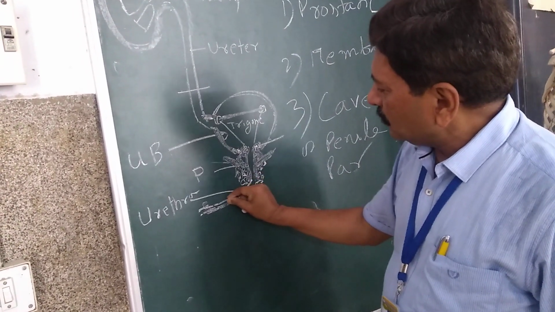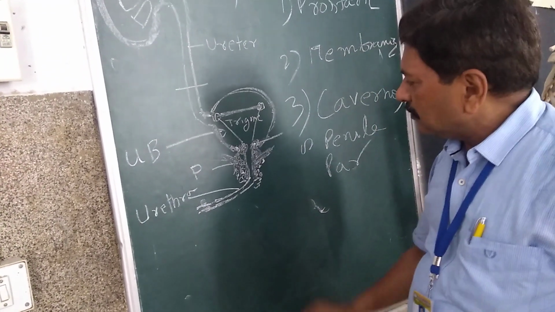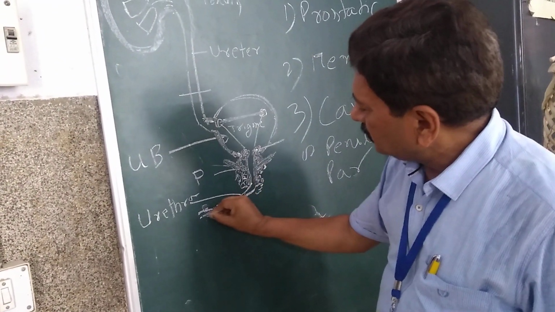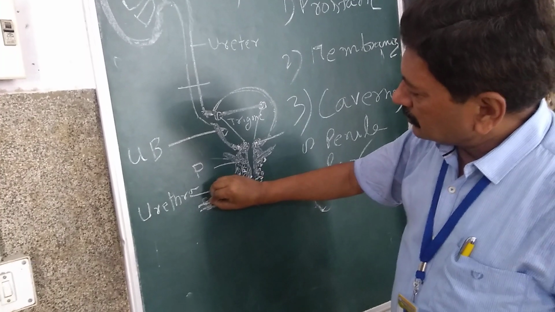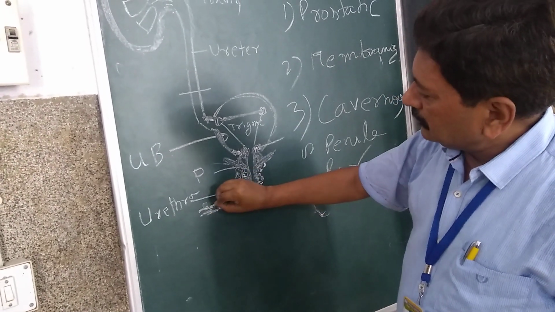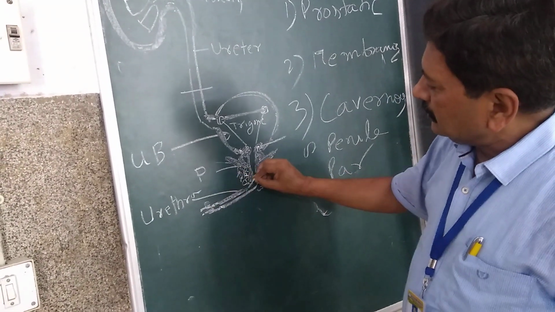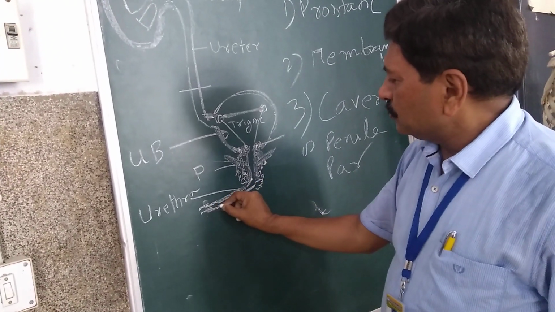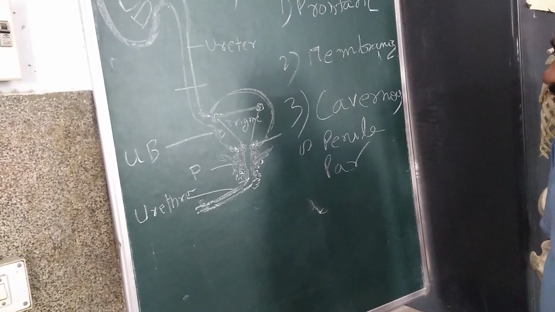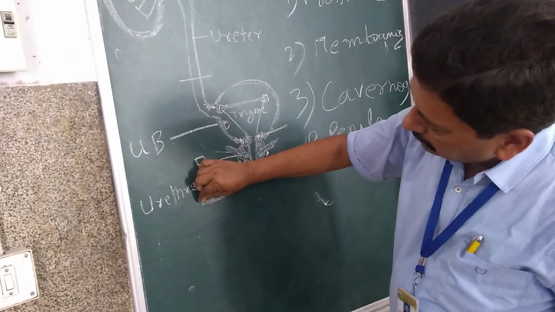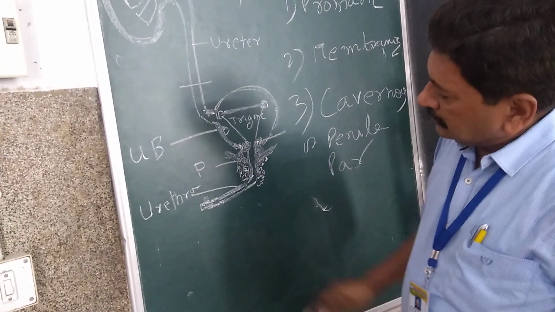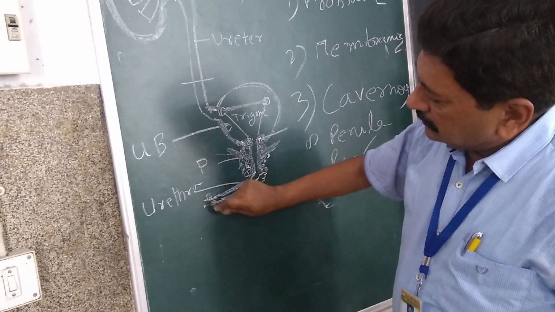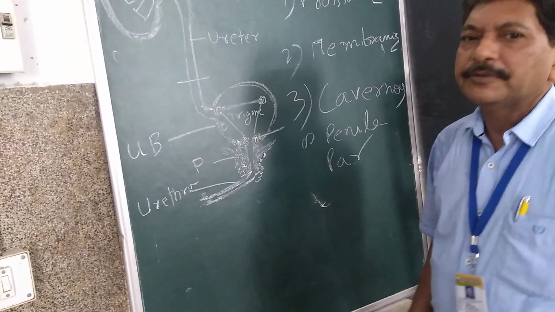The cavernous or penile part of the urethra has lining epithelium of either stratified columnar or pseudo-stratified columnar epithelium. The extreme part of the urethra is lined by stratified squamous epithelium.